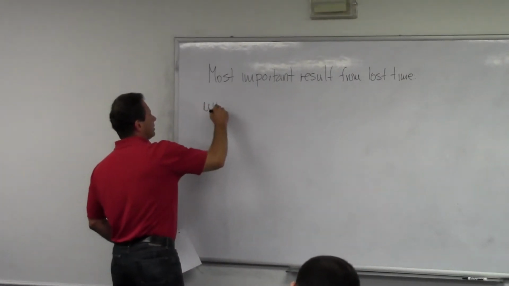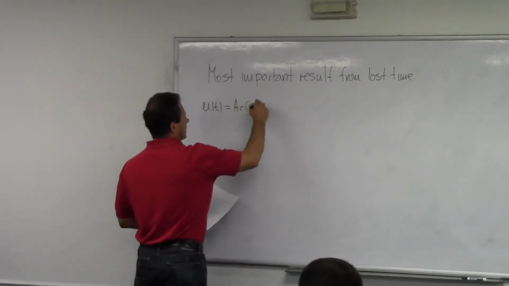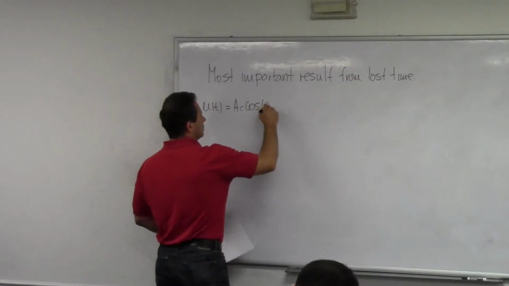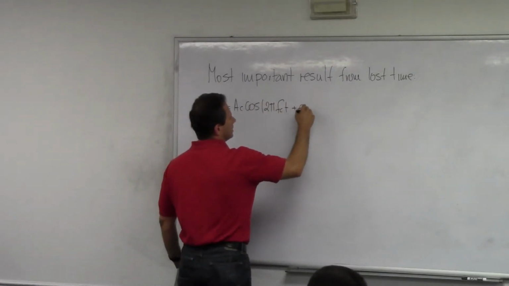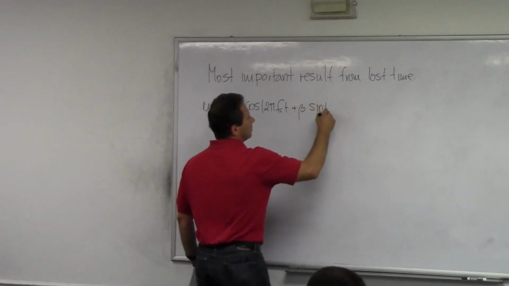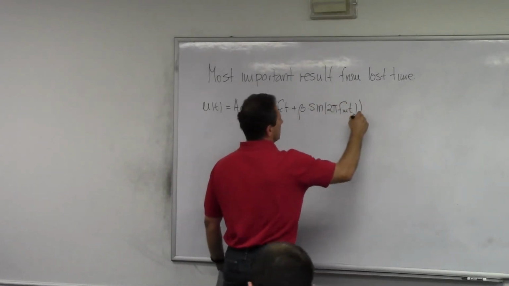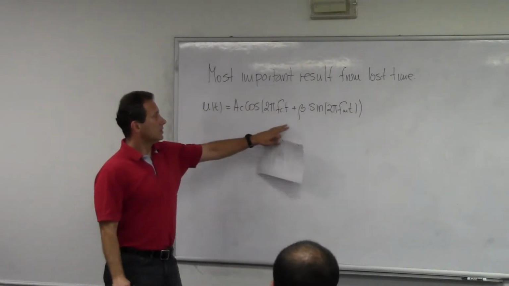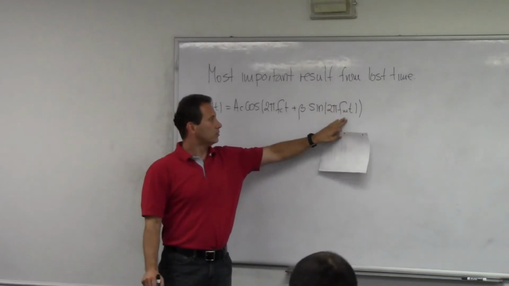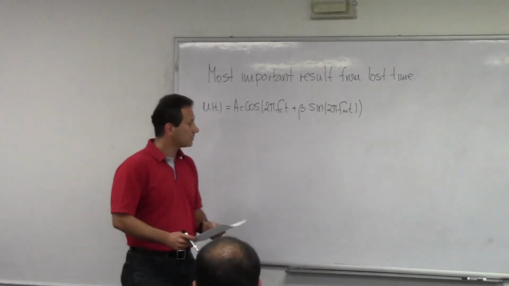We looked at the signal u(t), which was given as A_c cosine(2π f_c t plus β sine(2π f_m t)). This is an angle modulated carrier with frequency f_c with a single tone, where f_m is the frequency of the tone that we use for modulation.